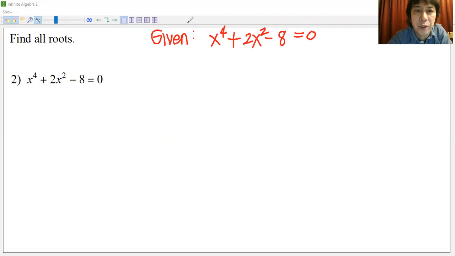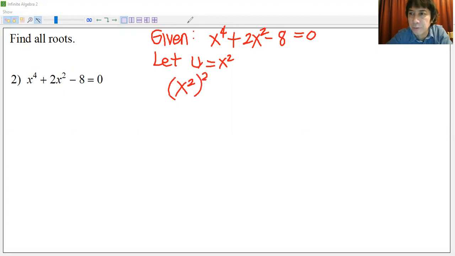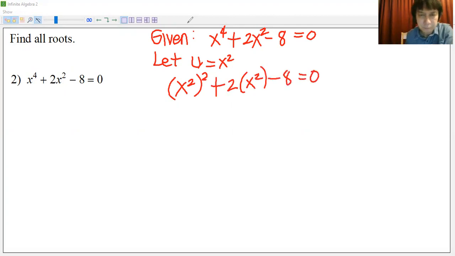So we let u is equal to x squared, and we will rewrite our equation: x squared squared, that takes care of x to the fourth, plus 2 times x squared minus 8 is equal to 0.